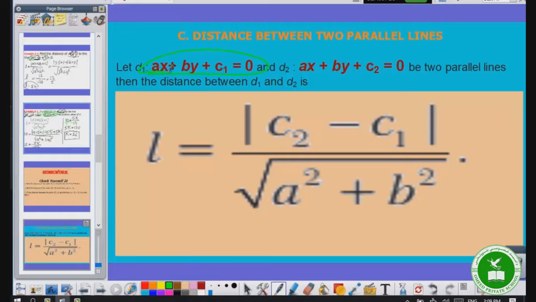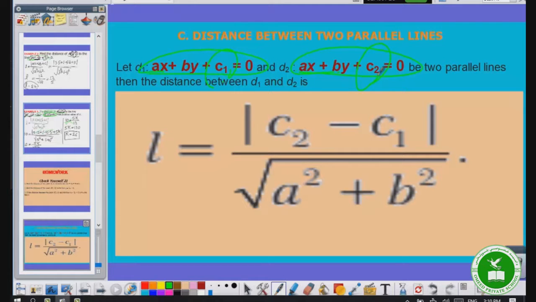This is the equation of one line and this is the equation of another line. The only difference is in the constant numbers. ax, by are the same, only c1, c2 are different. So they are basically parallel lines.